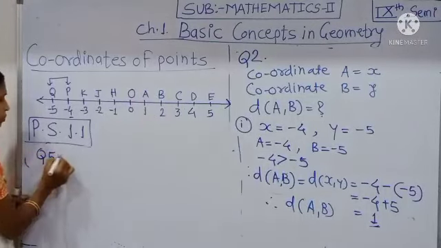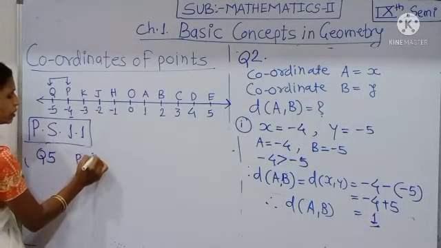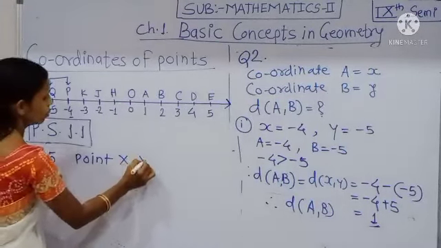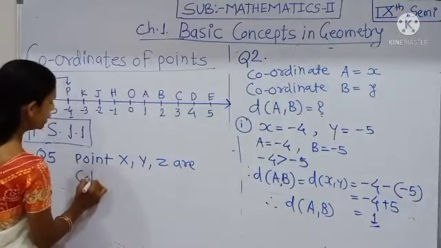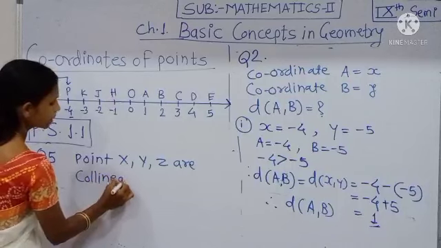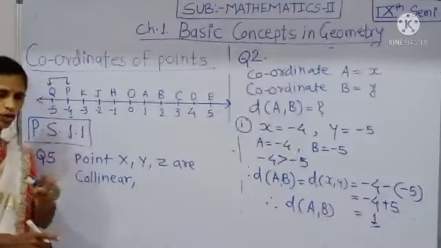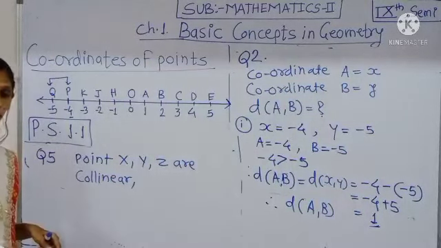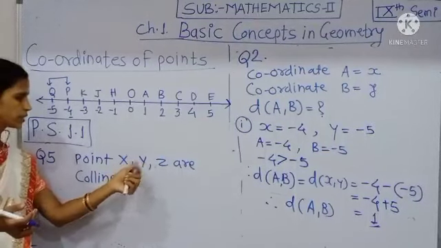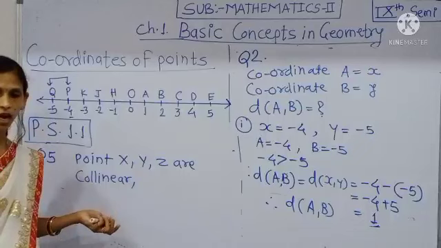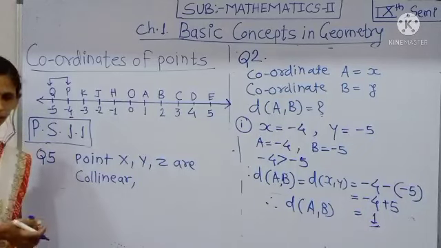In question number 5, points X, Y and Z are collinear. That means the condition is given here, they are collinear. But we have to determine which one point lies between the other 2 points.